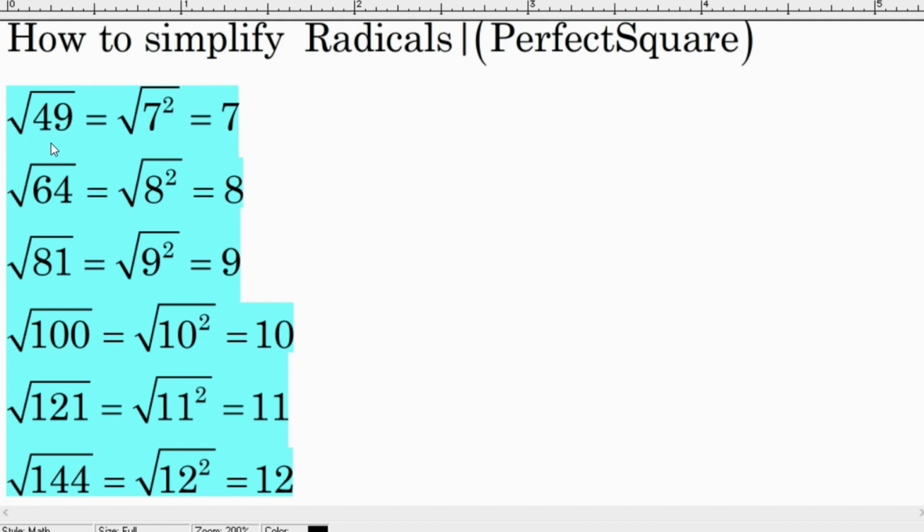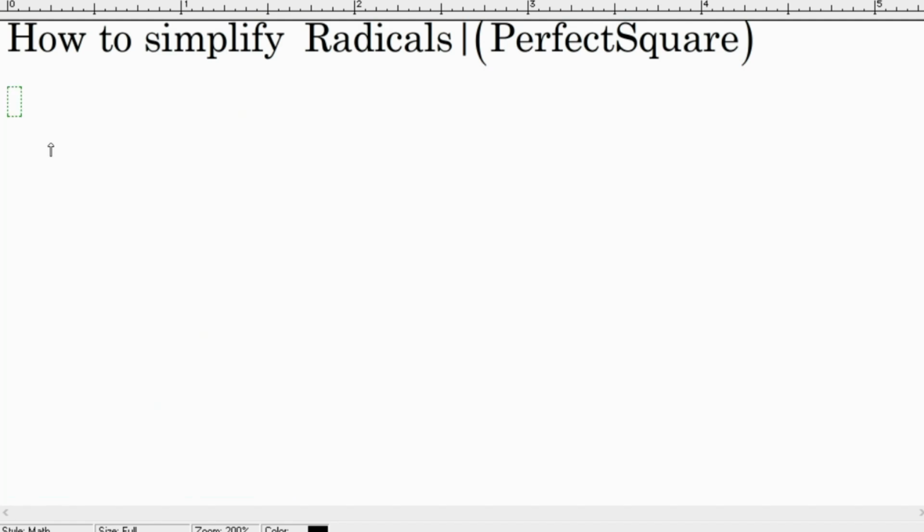Let's say we have the square root of 18. How can we simplify the square root of 18? If we want to simplify this radical, we have to write the number under the square root, which is 18, as a product containing a perfect square.